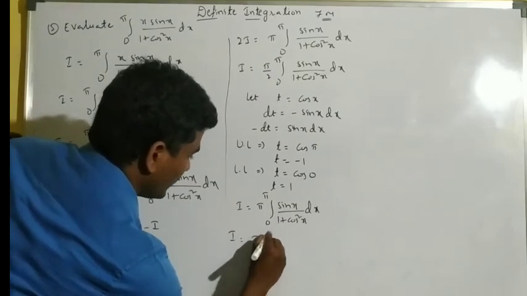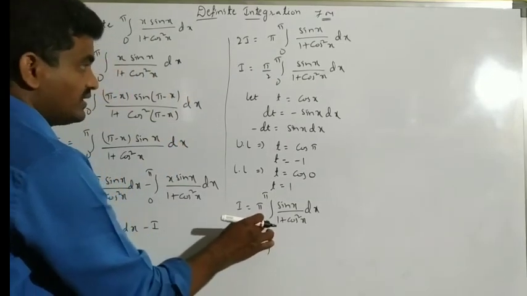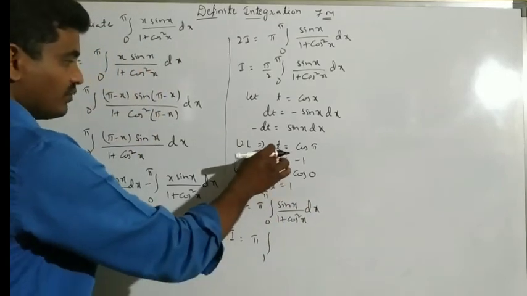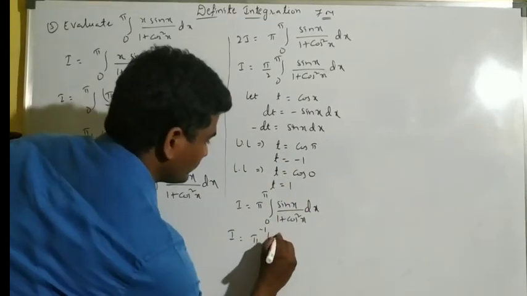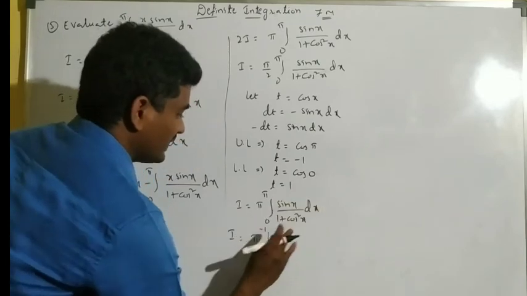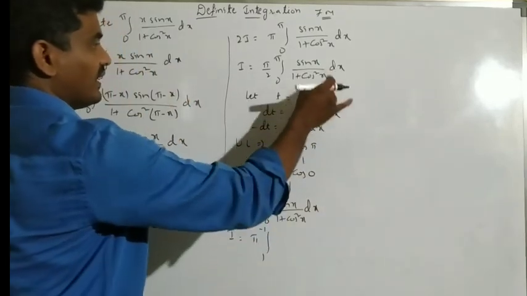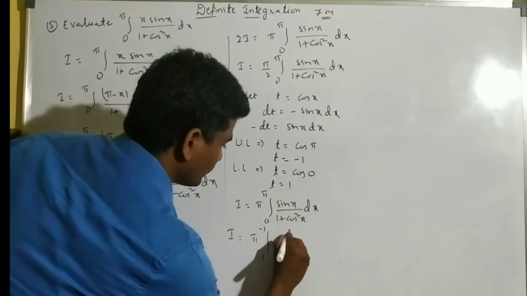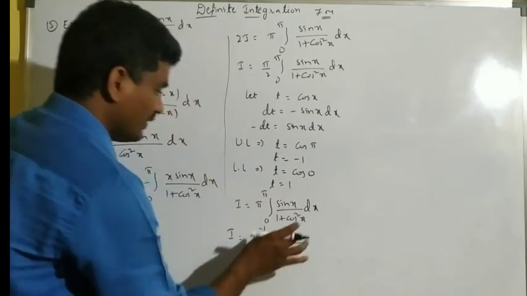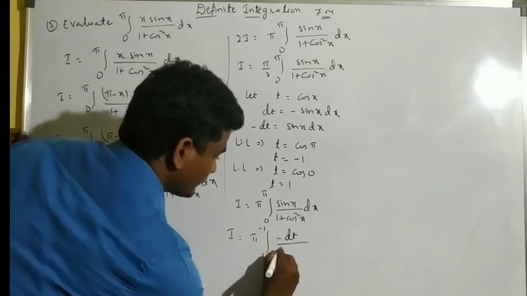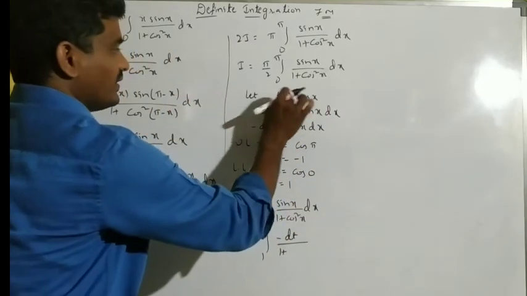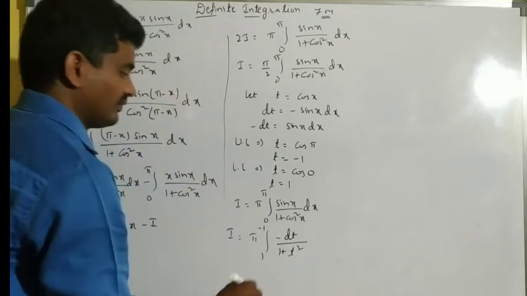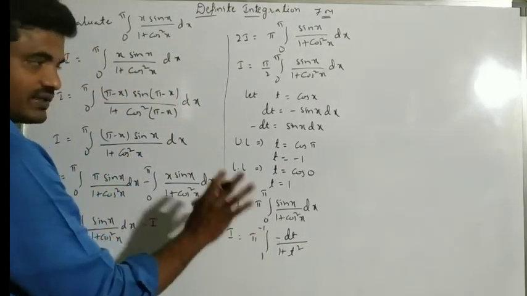I equals pi of, lower limit is 1 and upper limit is minus 1, and sin x dx value equals minus dt, by 1 plus cos x value is t, so here cos square equals t square we get, and the minus we send to the left side.